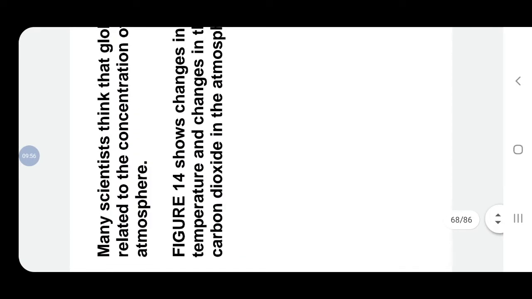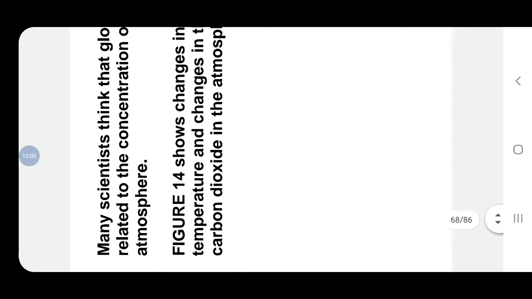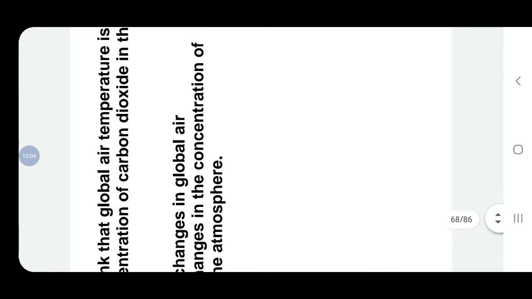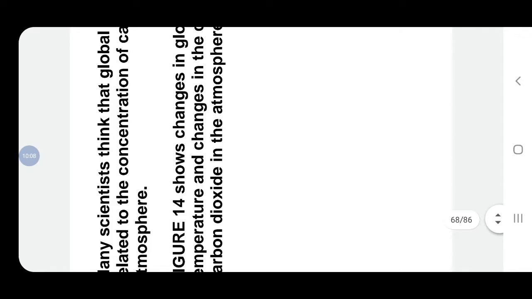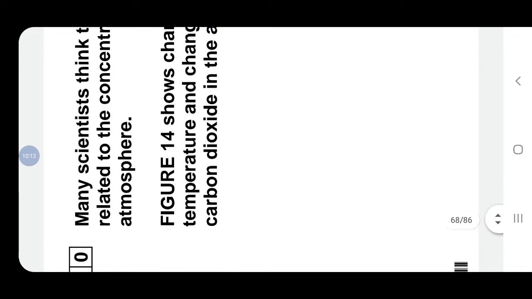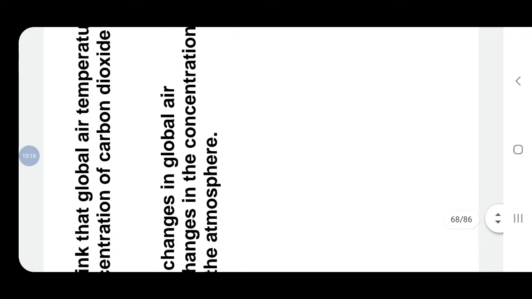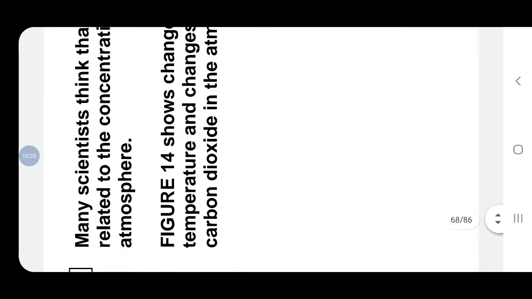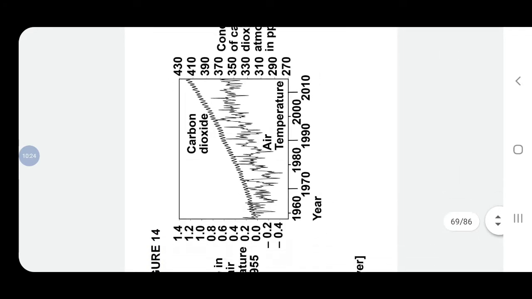Many scientists think that global air temperature is related to the concentration of carbon dioxide in the atmosphere. Figure 14 shows changes in global air temperature and changes in the concentration of carbon dioxide in the atmosphere. So here is a diagram, you see that, all right?